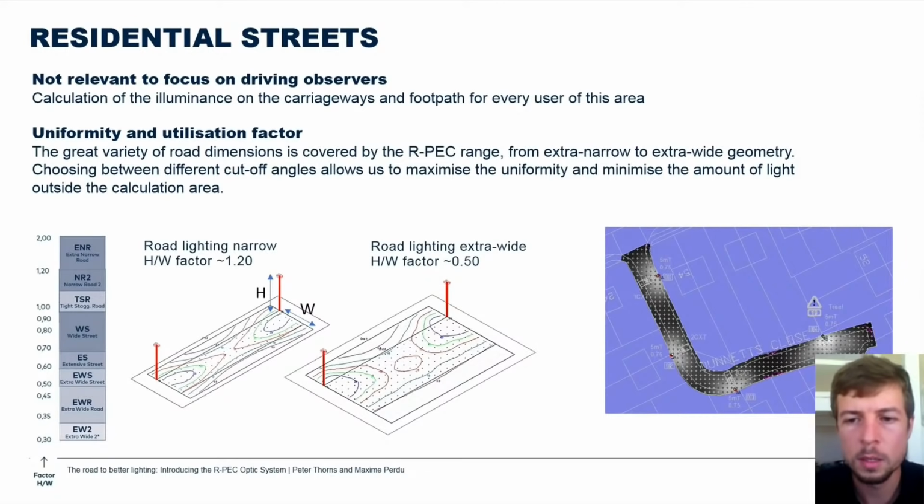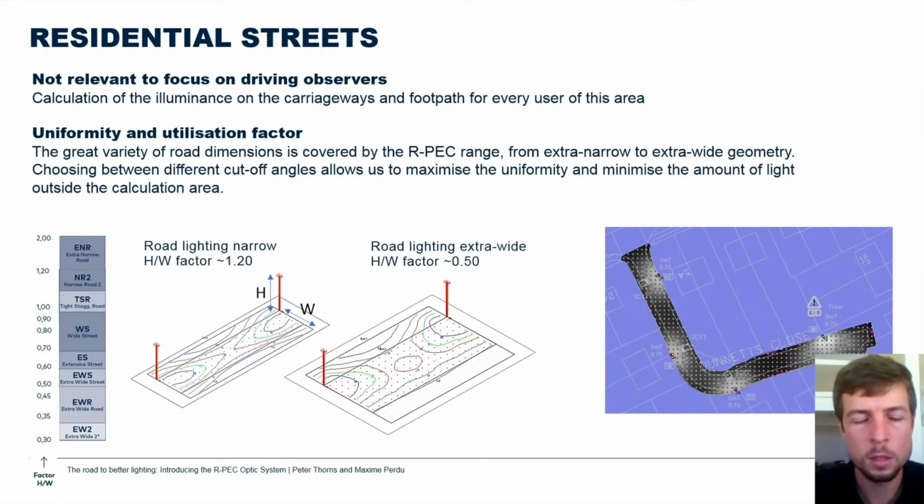It means that we have to stick to uniformity values, which must be maximized, and we also want to minimize the intrusive light. We want the maximum amount of light from the luminaire on the relevant area on the ground. It is what we call the utilization factor.